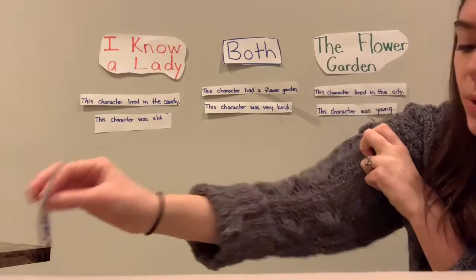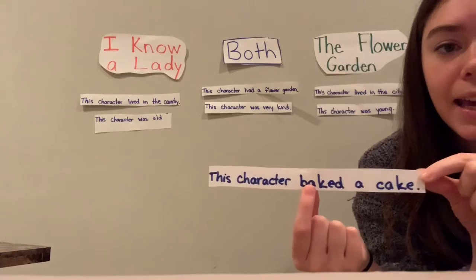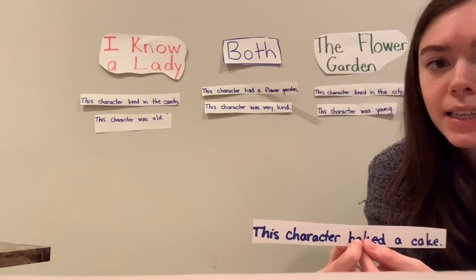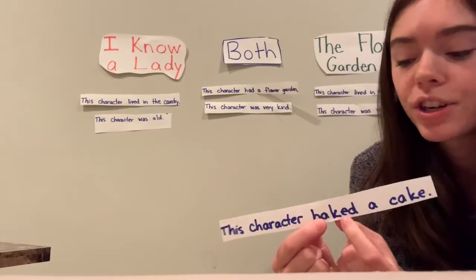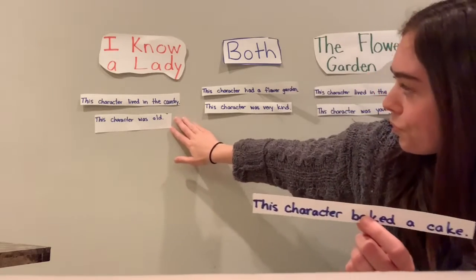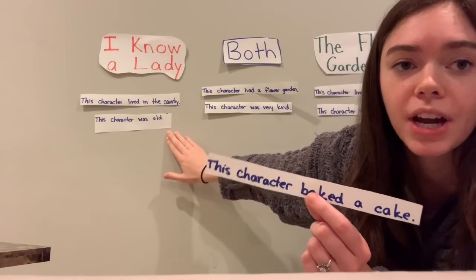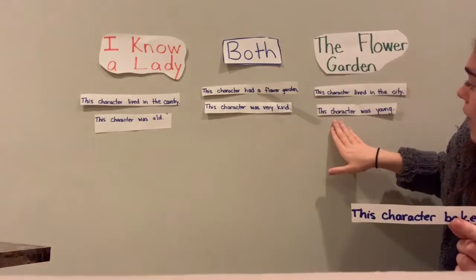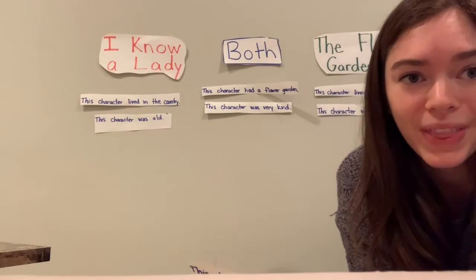And the last one we have is, this character baked a cake. Do you remember which character baked a cake? So I think this one is quite tricky because in I Know a Lady, we know that the old lady baked cakes around Easter time for the children, but in the Flower Garden, there was a picture of a birthday cake there.